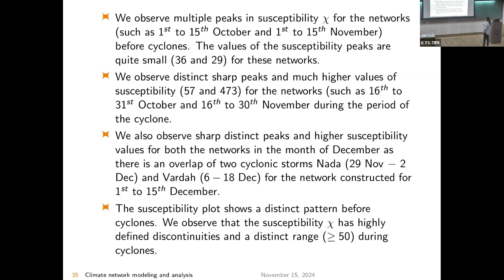We also observed a sharp peak in both networks of Varda because there was overlap, as the fading of Nada was coinciding with the buildup of Varda. So we observe a higher value of susceptibility for that network. The susceptibility plot shows a distinct pattern before the cyclone, and the susceptibility has higher defined discontinuity and a distinct range, greater than 50, during the cyclone.